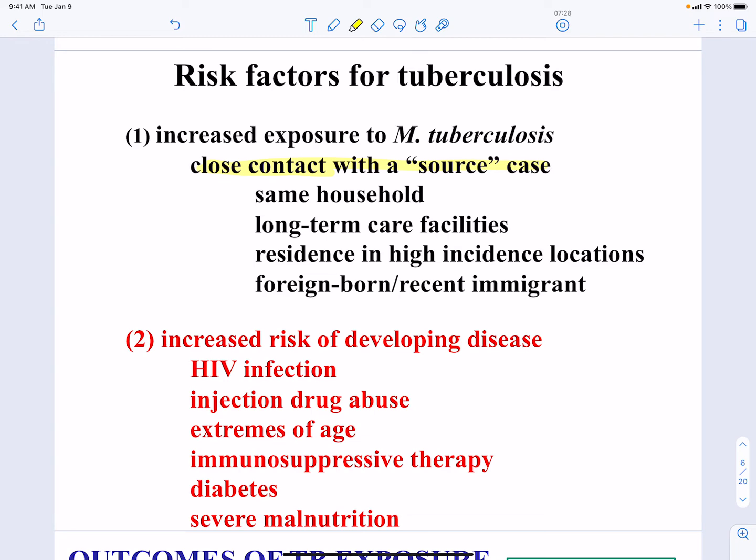But if you become immune compromised in any way, you can develop active TB. Increased risks are going to be, of course, HIV infection, that's associated with both Mycobacterium tuberculosis and avium, drug abuse, age can be a risk factor, any type of immunosuppressive therapy, if you're on transplant therapy, autoimmune therapy, etc., diabetes, and malnutrition.